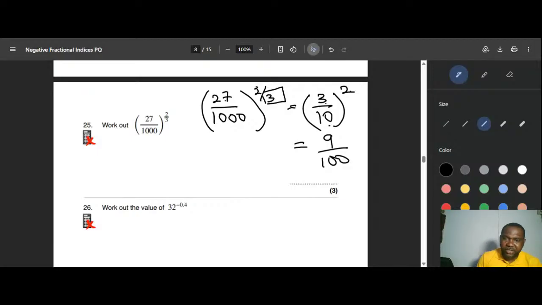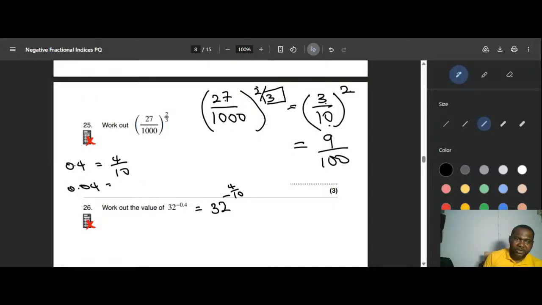Okay, let's try the other one. 32 raised to power minus 0.4 means 4 over 10. When you say 0.4, it also means 4 over 10. If it is 0.04, it means 4 over 100. I'm sure you all know that.